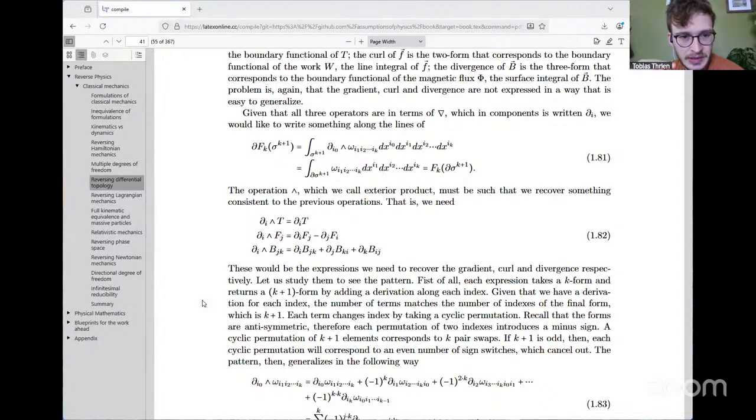We want to turn that into an integral over this surface where we basically cancel the first partial in the wedge. And then this is equal to f of the surface of sigma k plus 1. Is that roughly what it should be?